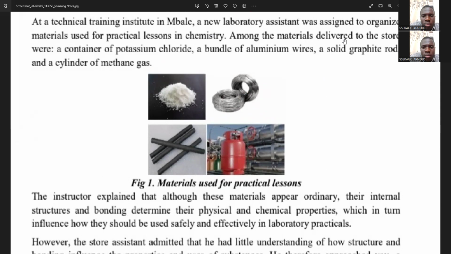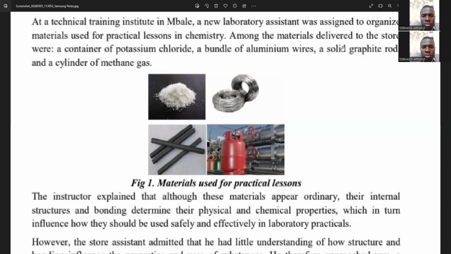At a technical training institute in Mbale, a new laboratory assistant was assigned to organize substances used for practical lessons in chemistry. Among the materials delivered, we have potassium chloride, a bundle of aluminum wires, a solid graphite rod, and a cylinder of methane.